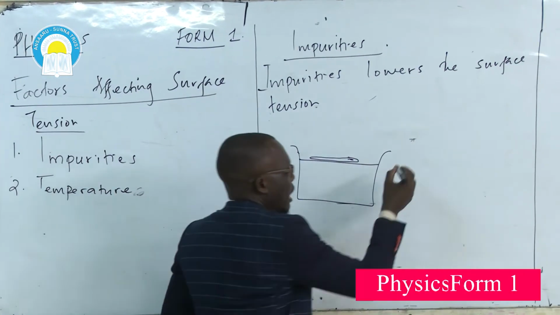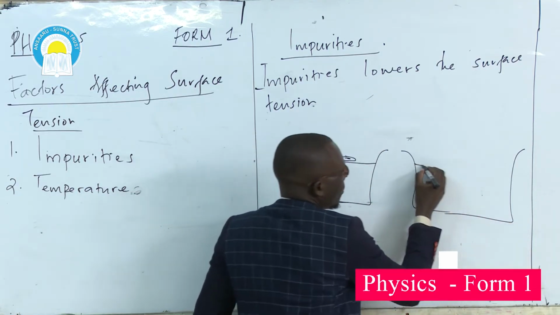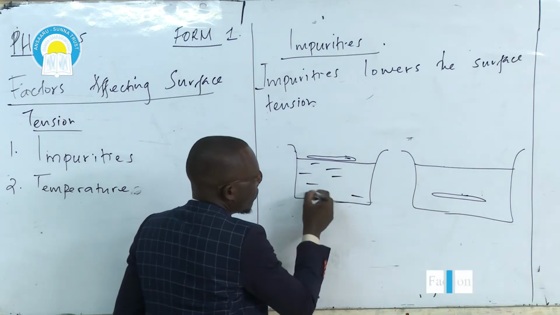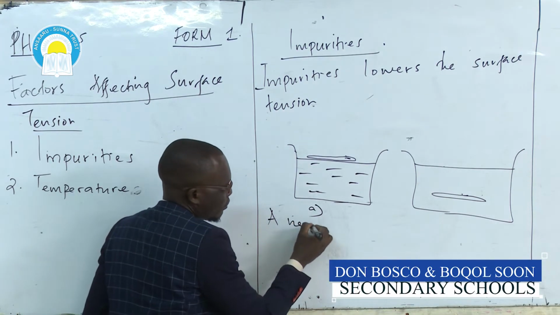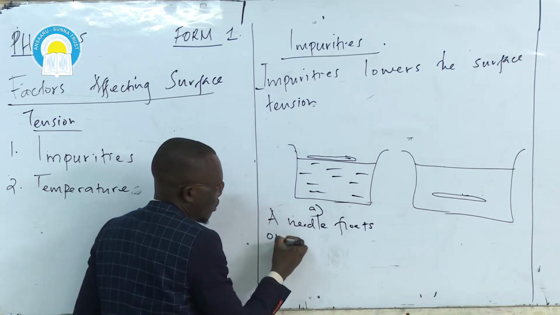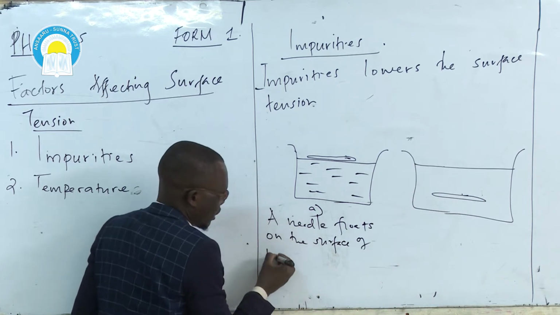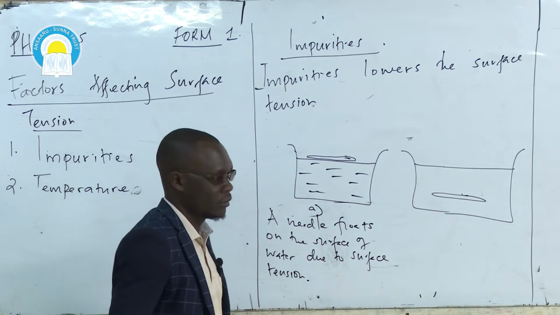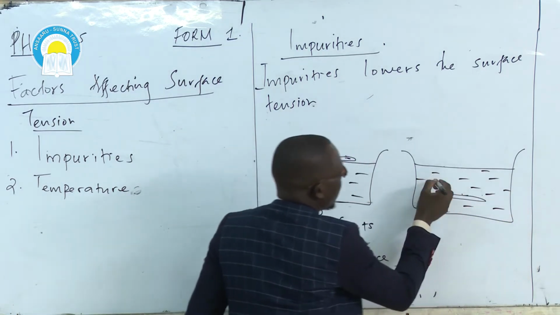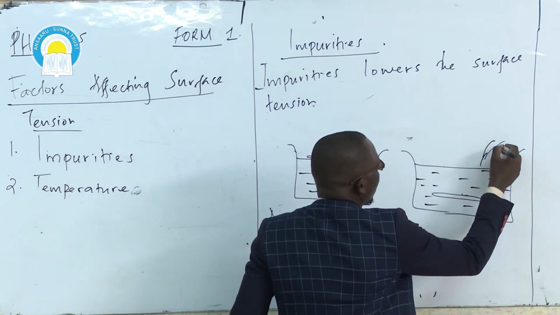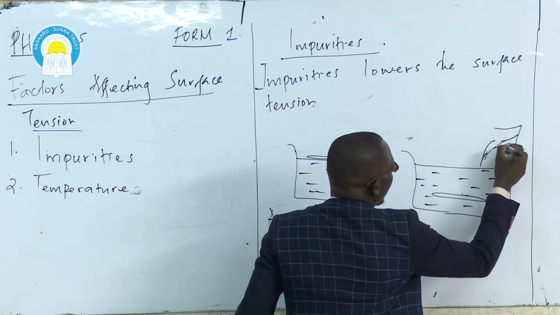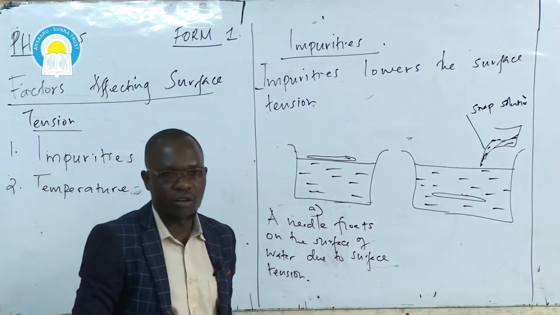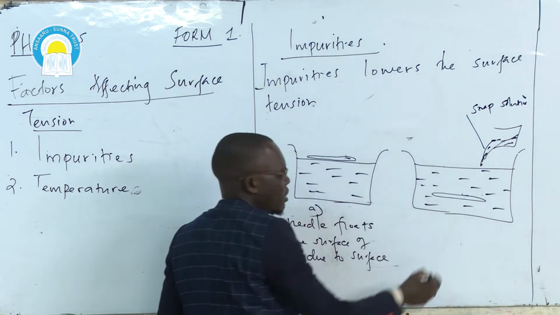Now, if you take an impurity, let's say we are using soap solution, and we add the soap solution in the basin of water, what happens?